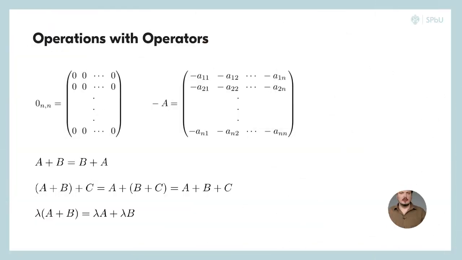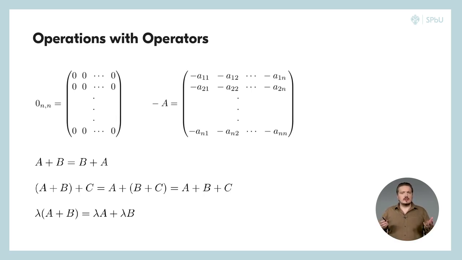For any operator A, we can also define the operator minus A. The addition of A and minus A gives us this zero operator. This allows us to conclude that the matrix of minus A consists of the same elements as the matrix of A, but with the minus sign.